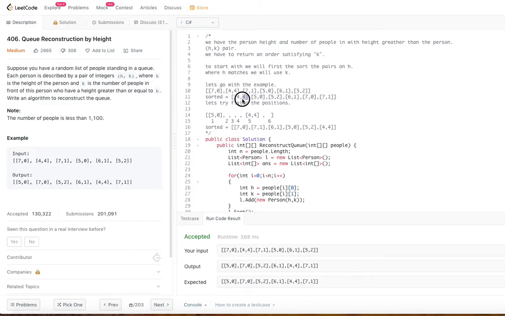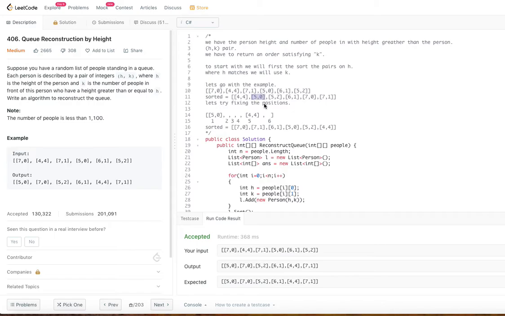Since he's the smallest guy, we were able to easily identify that there won't be any harm in putting him in the 5th position, because all the people who come before him should be greater. That's why we put him in the 5th position. Next, we move on. 5, 0.